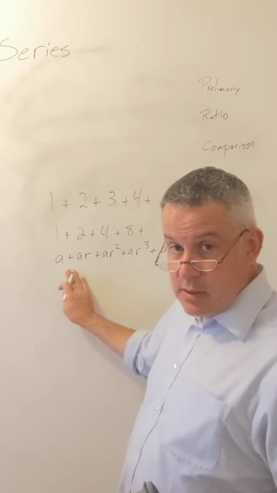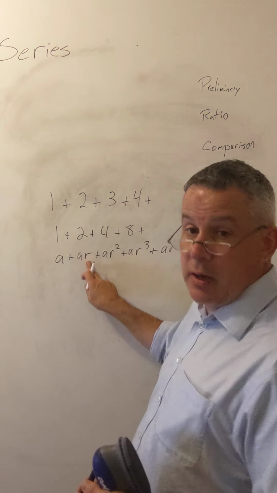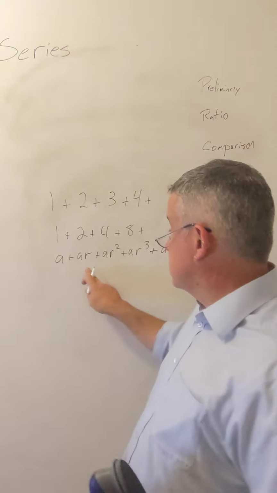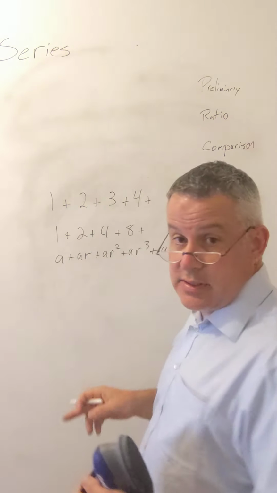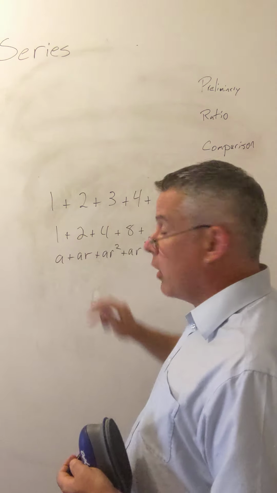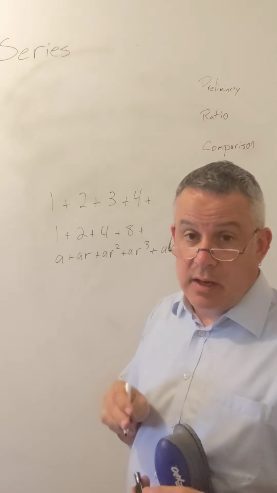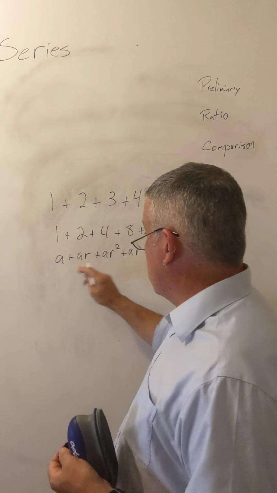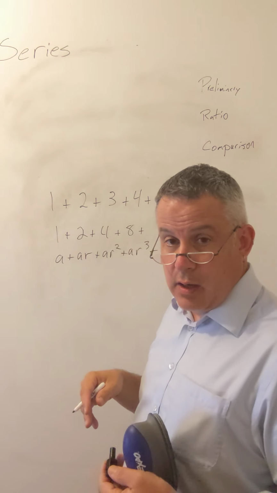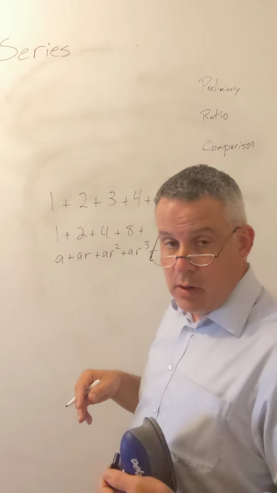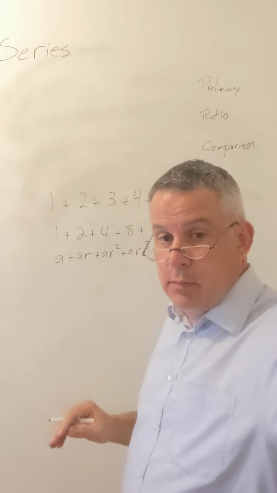That series might diverge or might converge depending on how big r is. And so if we use the ratio test on this, we see that the ratio between each of the terms is exactly the same. And so r needs to be less than 1 in order for this to converge. But if it is, then it does. And so that's a really interesting series. We're going to talk a little bit later about what its properties are.